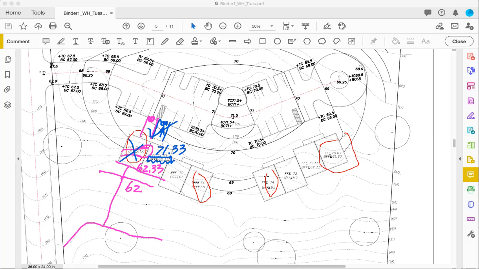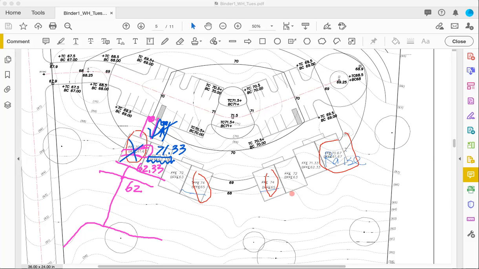This one definitely needs to be raised. This one definitely needs to be raised. Raise this. The 65 here, I think, would work fine. And the 65 here doesn't need to be so high, but it could work.